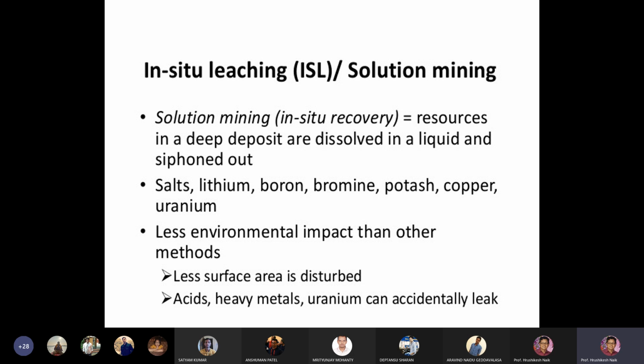And the acids, heavy metals, and uranium can accidentally leak. This is the problem associated with solution mining or in situ leaching. Certain types of acids, like sulfuric acid, are used. These acids may leak out to the environment. Heavy metals may leak out.